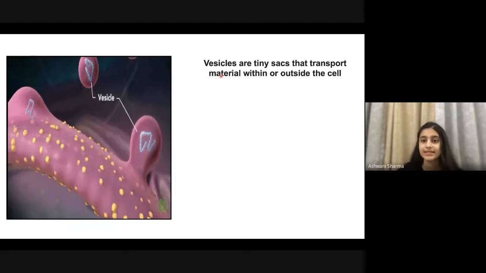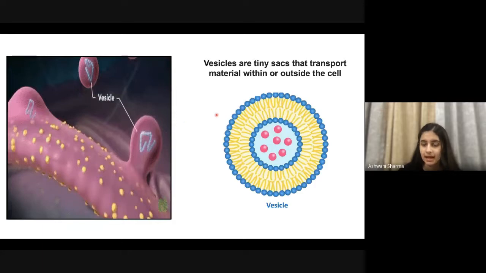Vesicles are basically just tiny sacs that transport materials inside and outside the cell. Over here we can see how a vesicle looks, and we can see the proteins inside the vesicle. Because these proteins bud off of the endoplasmic reticulum, this vesicle is also made of the endoplasmic reticulum itself.